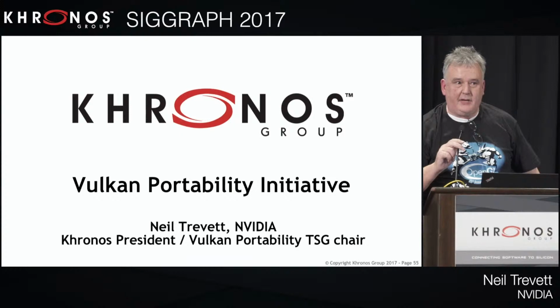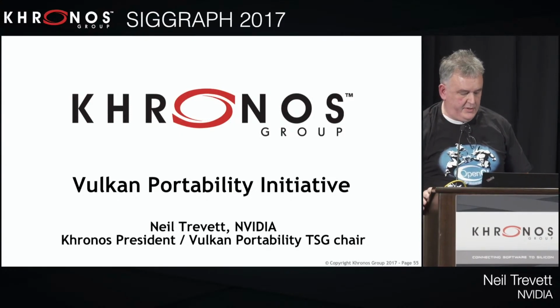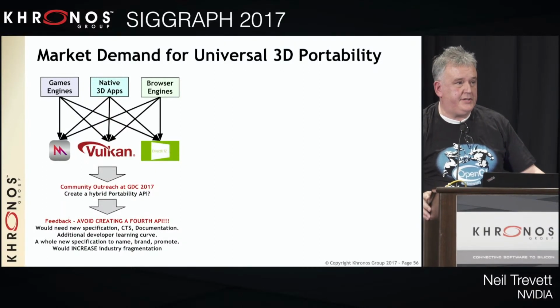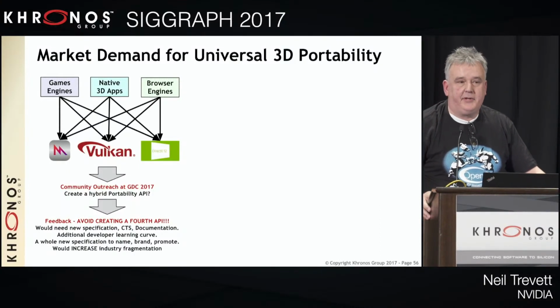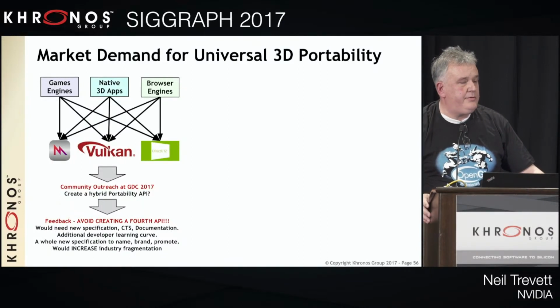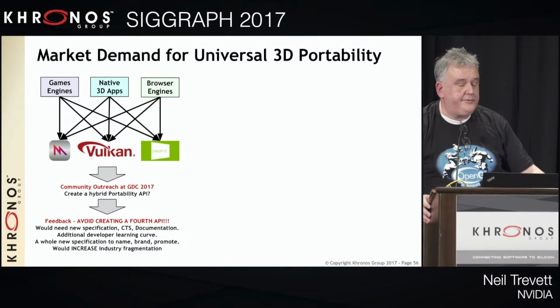Okay, I'm going to spend a couple minutes talking about the Vulkan portability initiative. And the first question is, why do we need Vulkan portability initiative? Because Vulkan's already portable. It's been designed from the get-go to be implementable on pretty much any system. But Vulkan is not available on every system, for non-technical reasons.